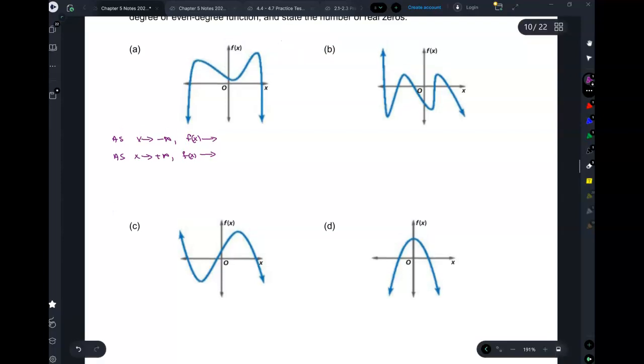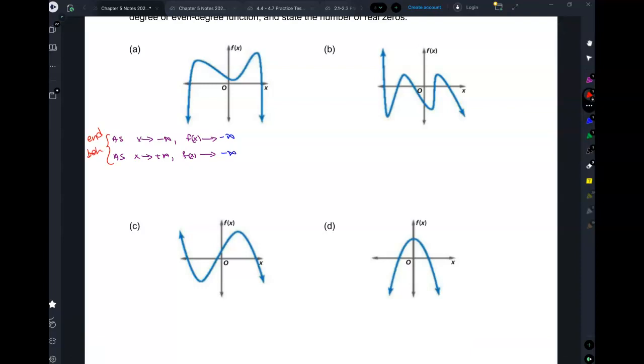Okay, so look. As x approaches positive infinity, I'm sorry, let's do the negative first. As x approaches negative infinity, where is y going? Down to negative infinity. As x approaches positive infinity, where is y going? Down to negative infinity. This is the end behavior.